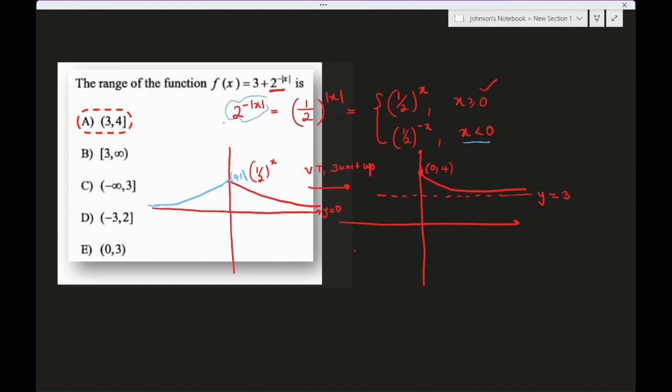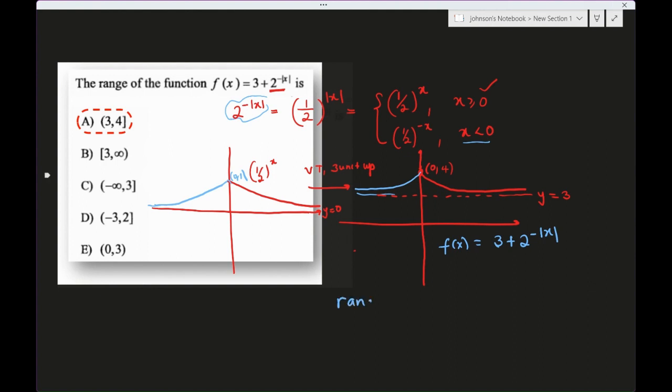So here now, since you've moved it up, the distance between where you cut the y-axis and your horizontal asymptote will also be 1 unit. So it means it will cut at y equals 4. So the whole of this gives us our graph, f of x equals 3 plus 2 to power minus absolute value of x.